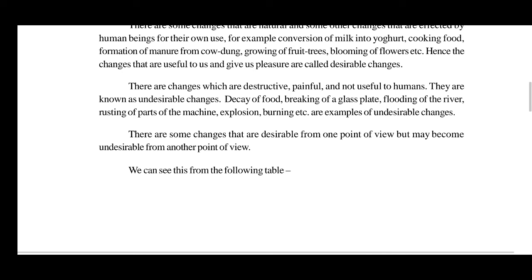We don't want these things, they are dangerous and bad for human beings, but they happen. They come from nature, or because of some mistakes by human beings. Some changes are desirable from one point of view but become undesirable from another point of view.